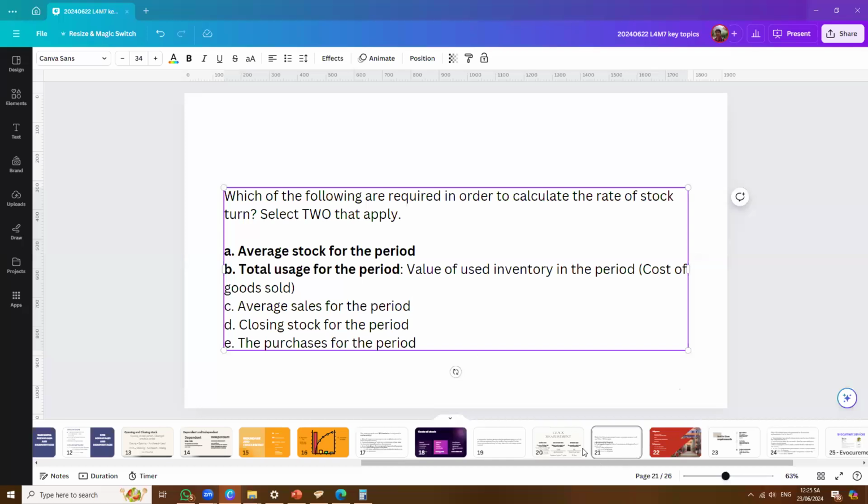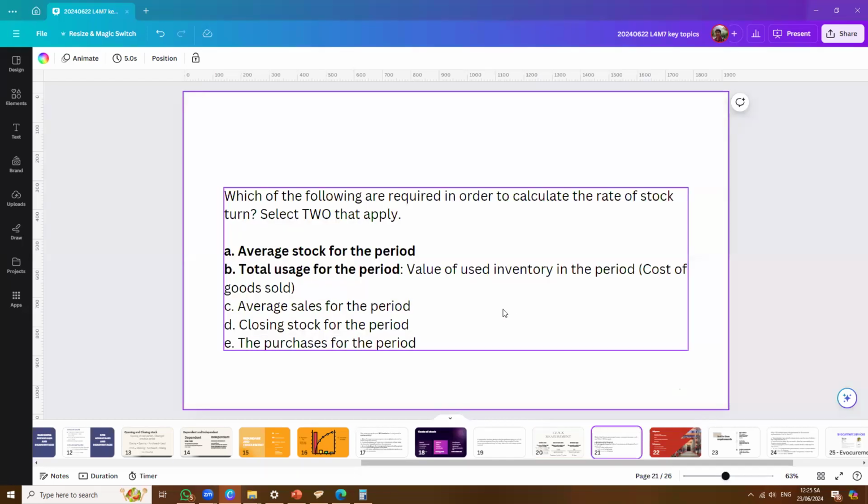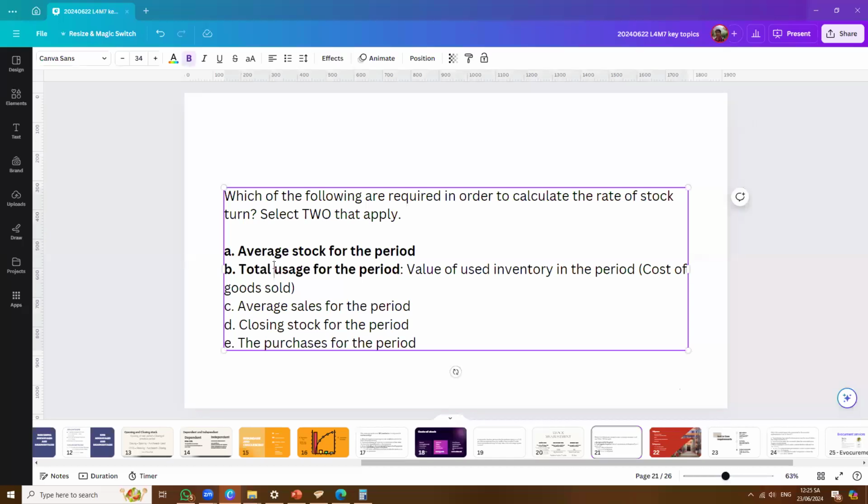We know the number. We know what is required. But many students are still confused by the terms that CIPS use in the exam. For example, for this one, they use the words total usage, not the cost of goods sold. So it confused you. That is a problem.